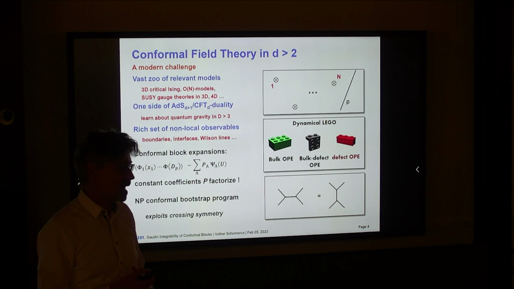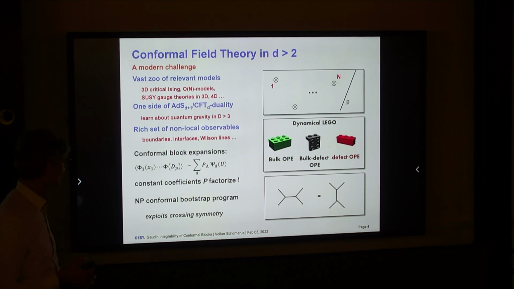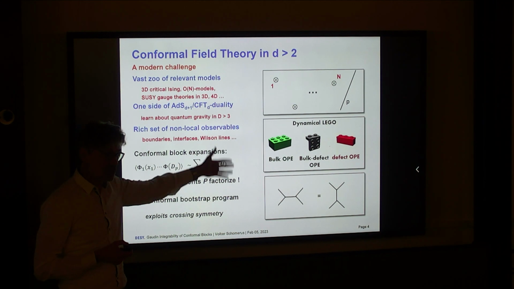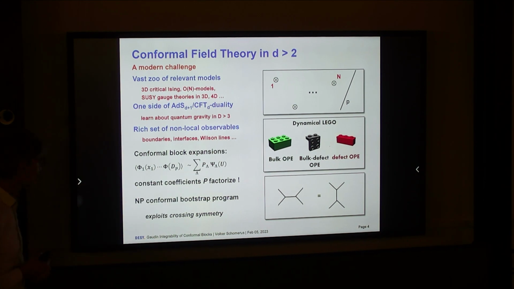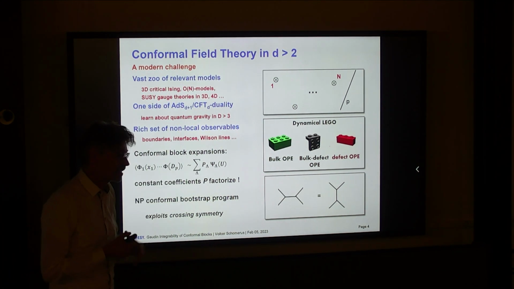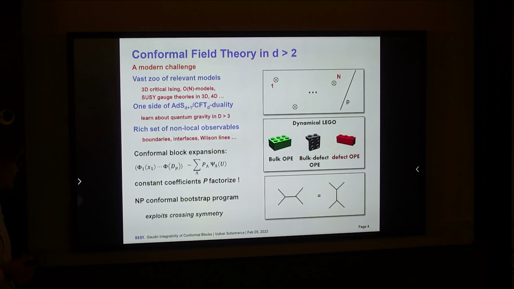What is this adapted basis of functions in which I should expand a conformal correlation function in order to expose these dynamical constants? Of course, in 2D CFT we know very well what the blocks are, and so the question is, in higher D, can we also answer that question?